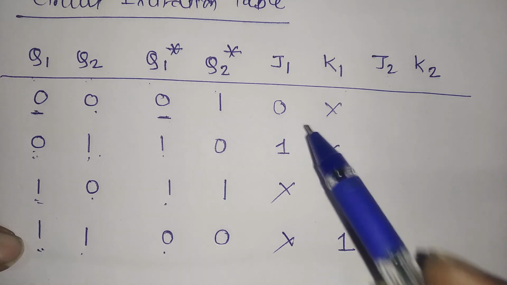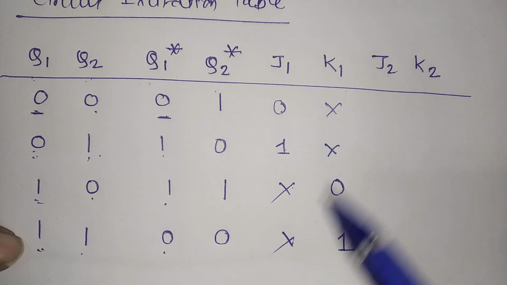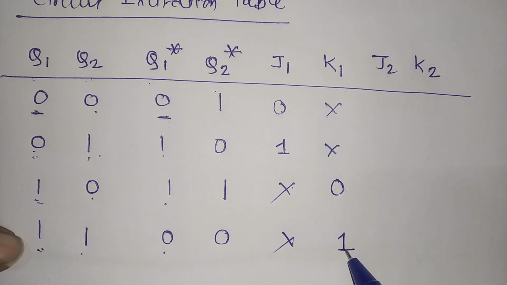So you can take 0, 1, don't care, don't care, 0, 1. Okay, so these are the inputs for J1, K1.